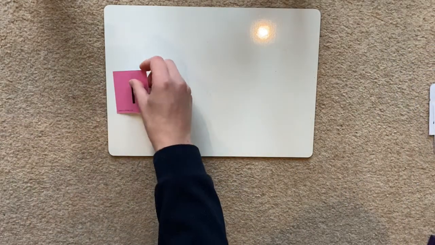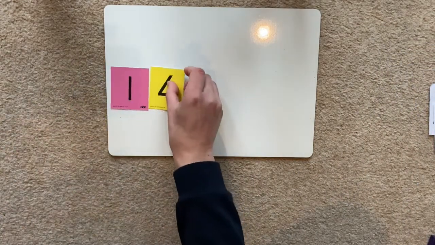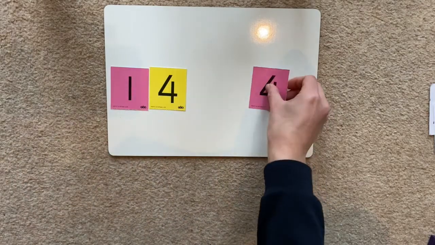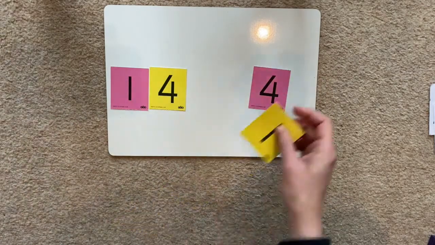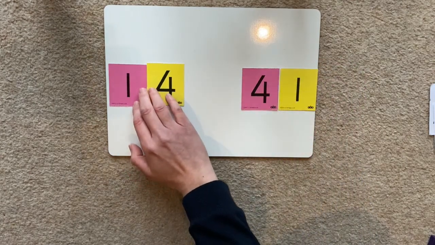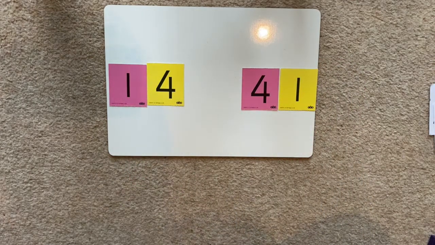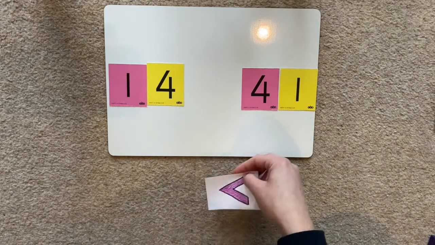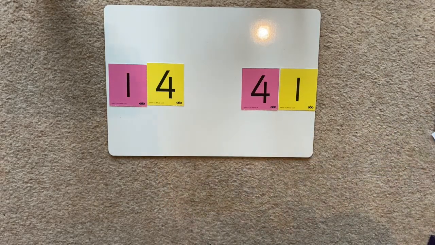I'm going to have 14 and 41. 14 and 41. Pause the video and make the numbers 14 and 41 with your Deans, and then use your inequality symbol and put it in the correct place.